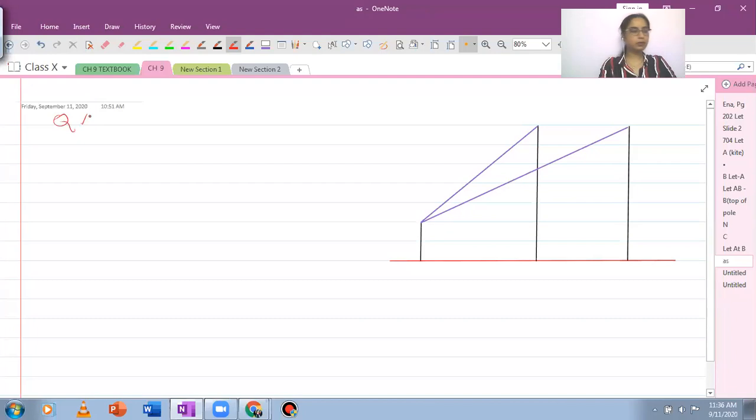This is question number 14. So let's just mark the positions. AB will be the girl. Her height is 1.2 meters. And CD represent the position of balloons.